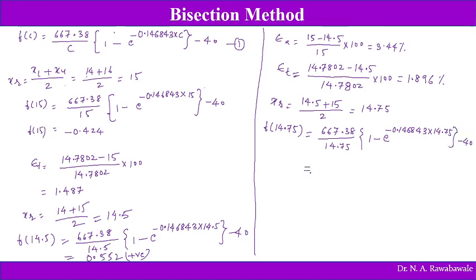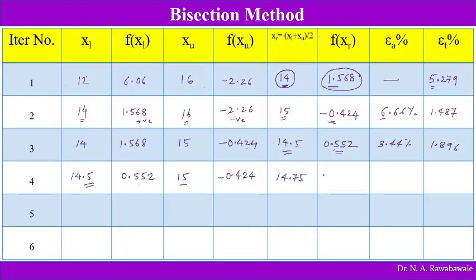On simplification, this works out as 0.058. This is positive.